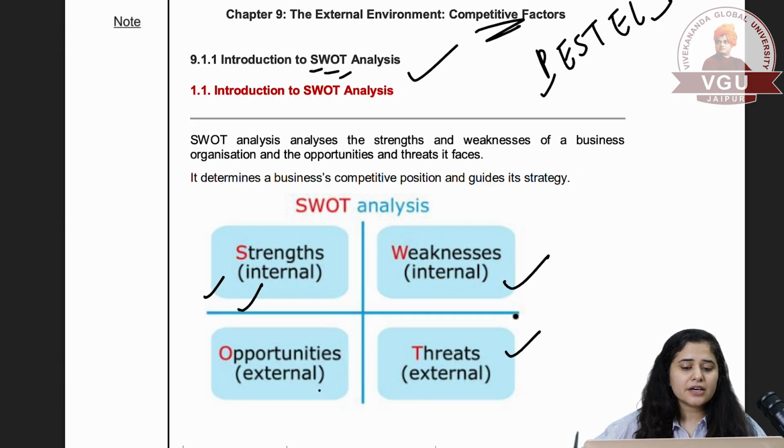And threats are again the competitors in the market or the technology obsolete or advancement in the market for which we have the threat. So with this SWOT analysis, we are able to determine a business competitive position in the market and how we have to proceed further. What should be the strategy of the business?